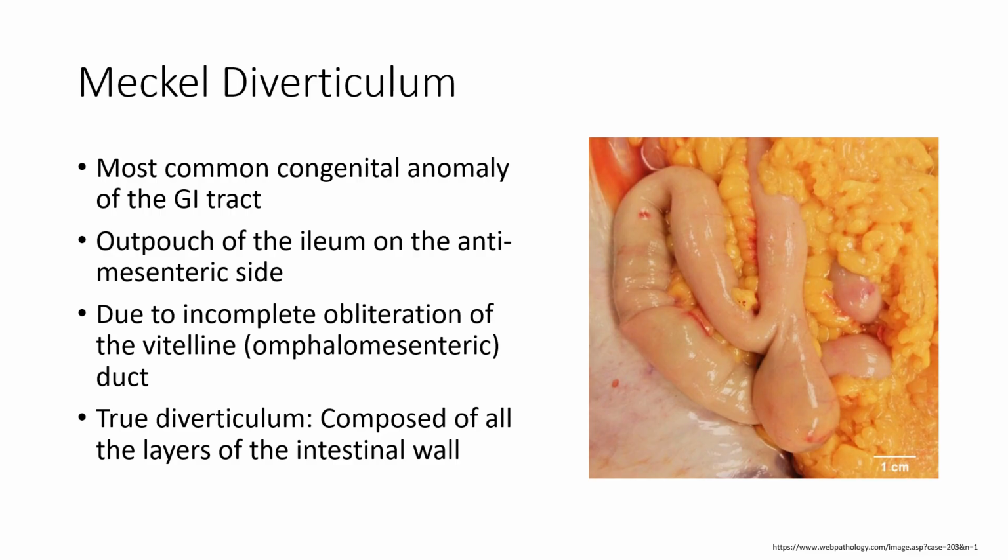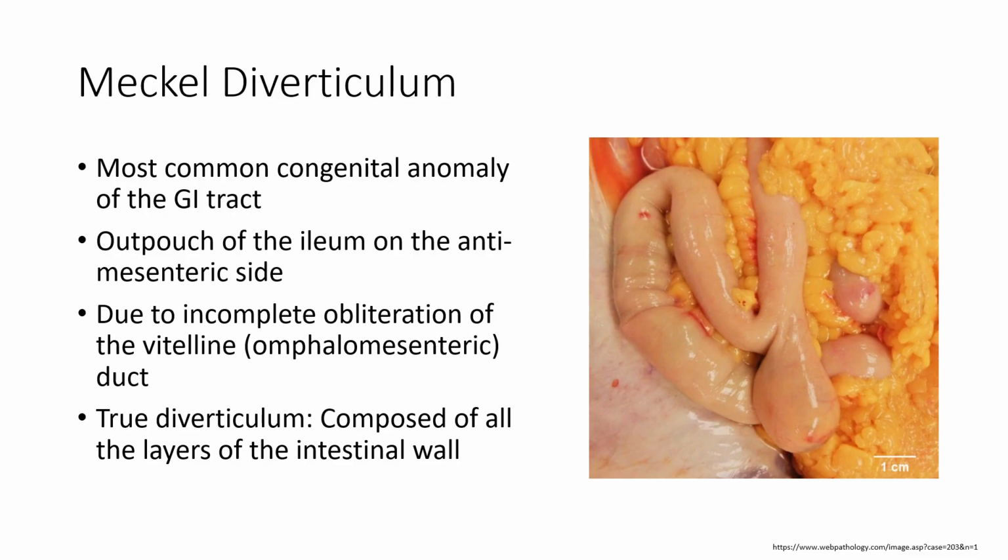Meckel diverticulum occurs as an outpouch of the ileum on the anti-mesenteric side. So you will see an outpouch on the side that is opposite to the side where there is the mesentery. And the wall of the Meckel diverticulum is composed of all the layers of the intestinal wall. This is referred to as a true diverticulum.